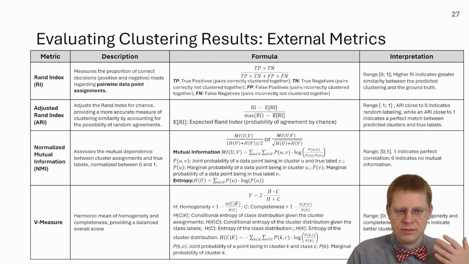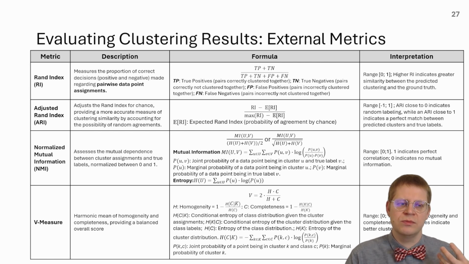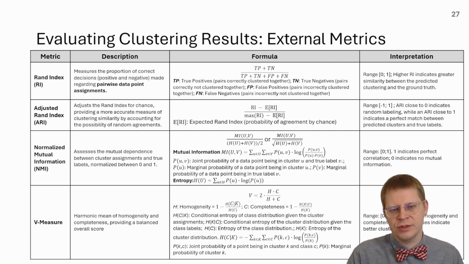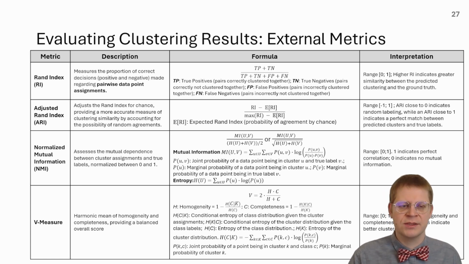Evaluating clustering results is essential to understanding how well our algorithm performed. External metrics compare the clustering outcome to ground truth labels, which are available in benchmark datasets, but in practice they might not be available.